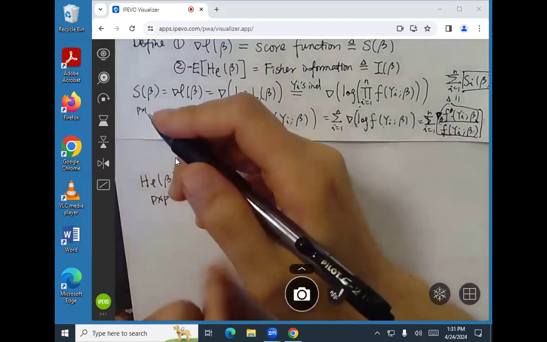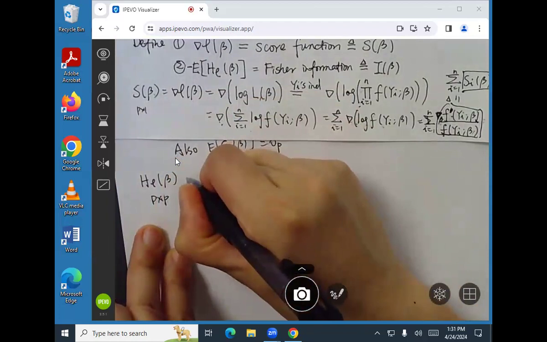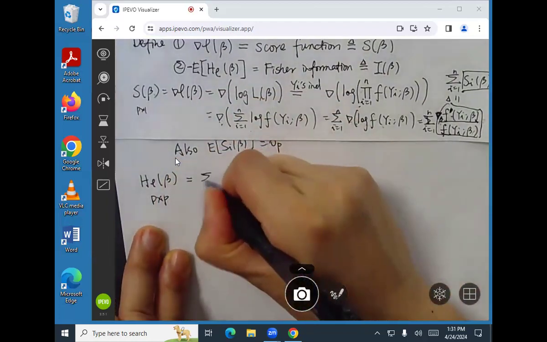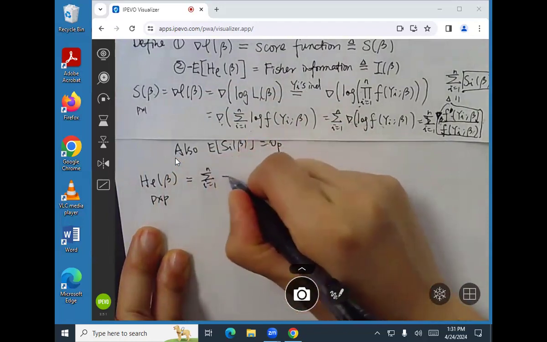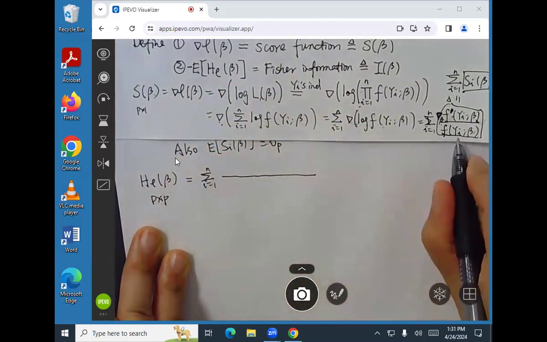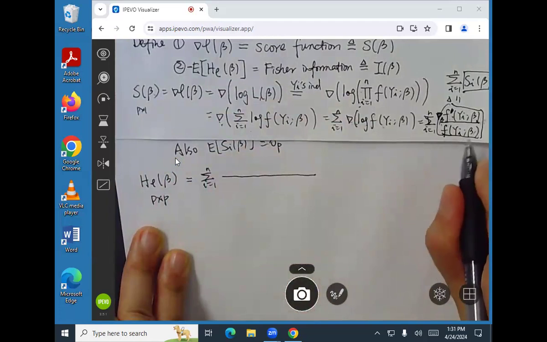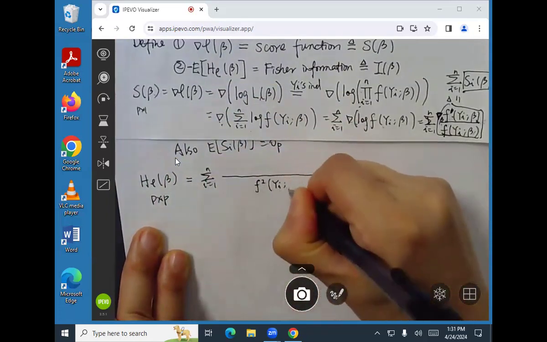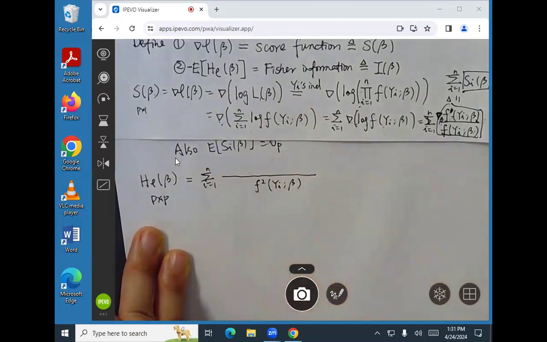So here, I'll just write out the differentiation result, sum over i from 1 to m. And the denominator, because it's a scalar, we just square it, f squared of yi, beta.